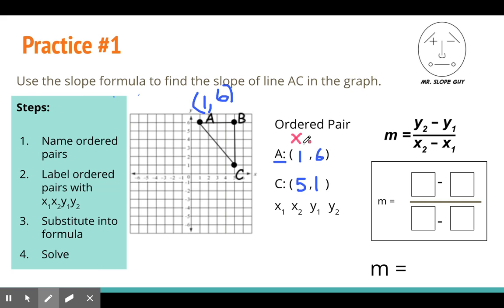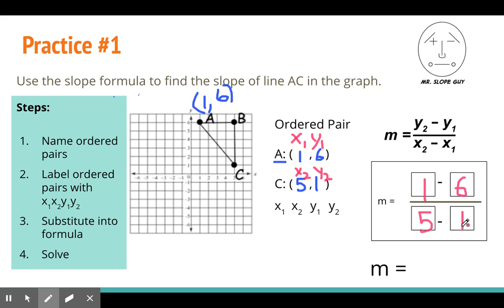You can just choose the first point as your x1, y1, and the next point as your x2, y2. Okay, so let's go ahead and plug it into the formula. y2 goes first, so you put 1, minus y1, you put 6, over x2, which is 5, minus x1, which is 1.